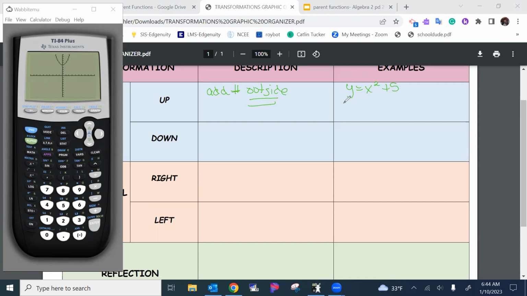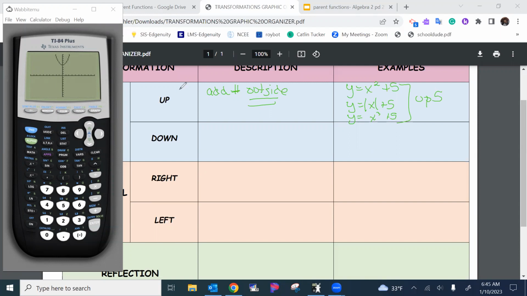And again, you can use any of your functions. We could use the absolute value of x plus 5, or y equals x to the third plus 5, and all of these would move things up 5 spaces. That one's pretty straightforward, very simple.